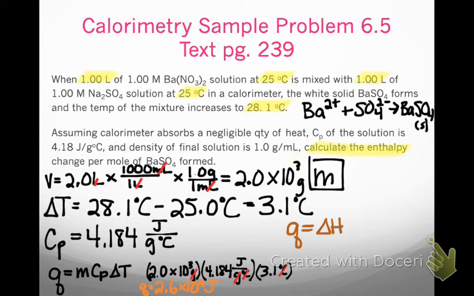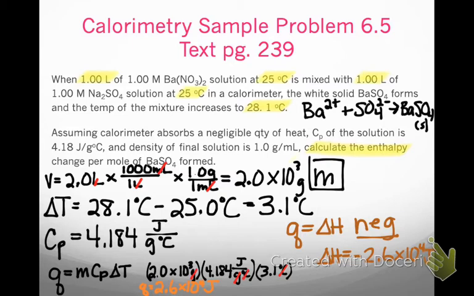Q, in this case, is positive 2.6 times 10 to the fourth because this reaction is exothermic. But we know that delta H for an exothermic reaction has to be negative. So I just need to change that sign to negative 2.6 times 10 to the fourth joules.